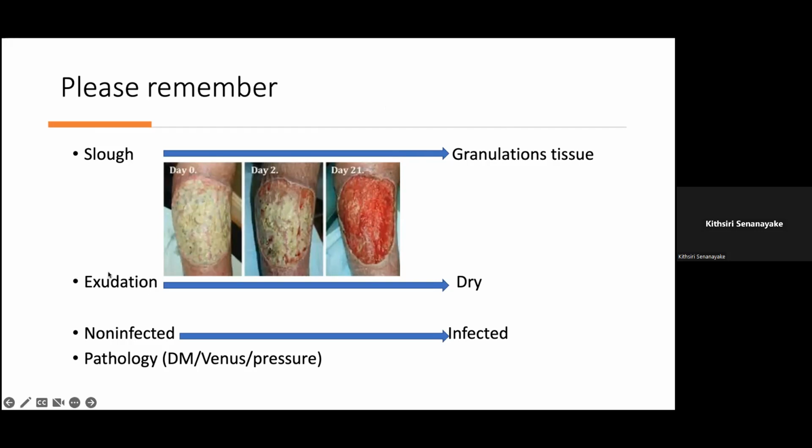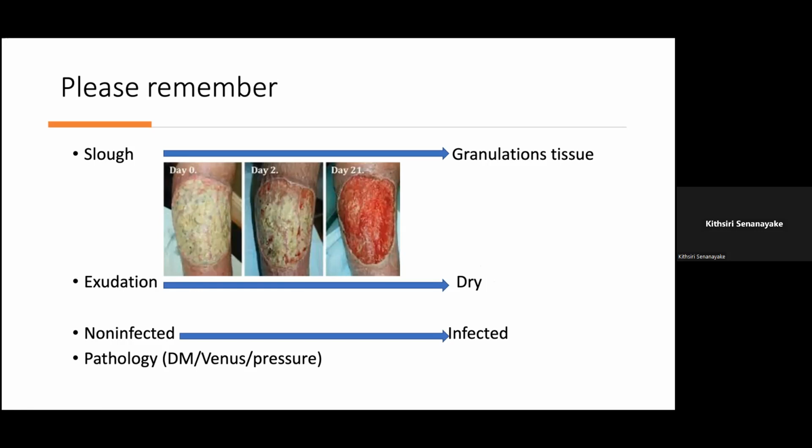And the second thing, and the most important thing, is to see the level of exudation. There may be a wound with very high exudation. Those are called weeping wounds. There are lots of fluids coming out, and there are wounds which are very dry. So these facts you need to think about when you decide on a wound care product. And also, you need to think about the infection, right?